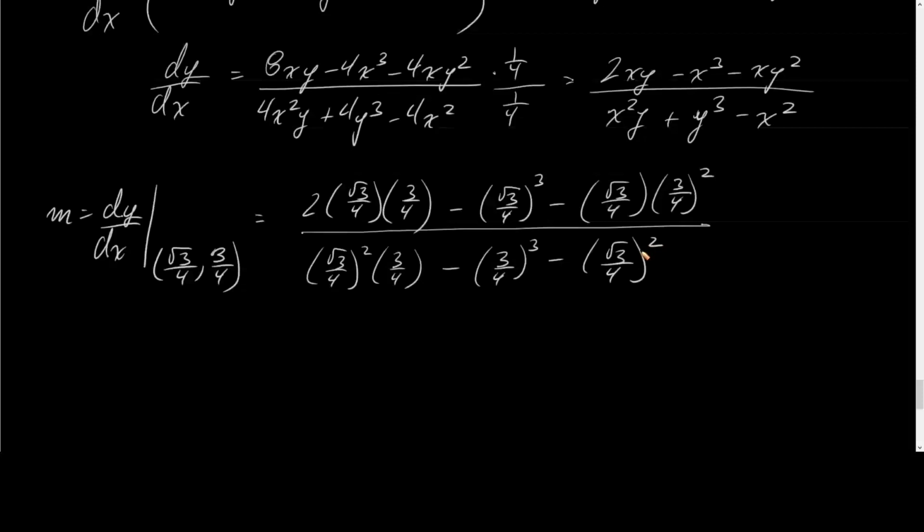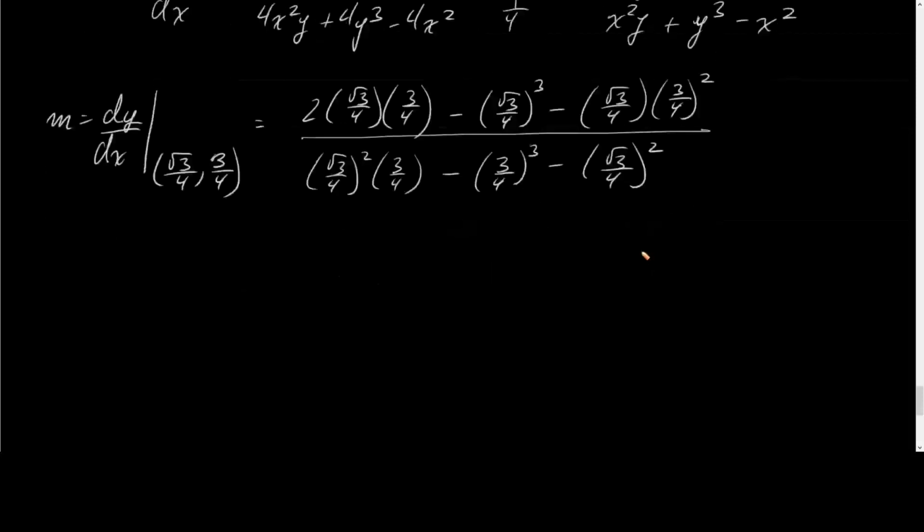All right. So now, let's simplify this a little bit. In this first part, 2 times 3 is 6, so we get 6 radical 3. On the bottom, 4 times 4 is 16. Minus, on this next part, 4 to the third, that's 64.